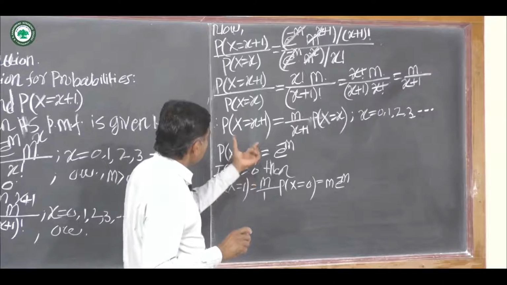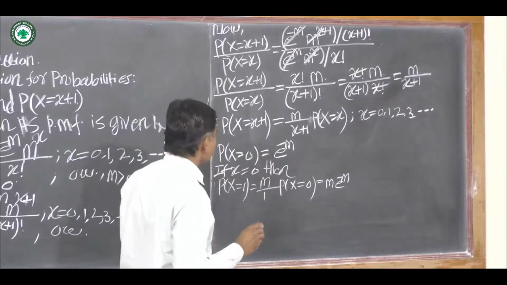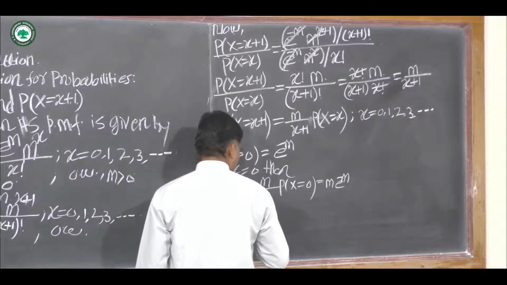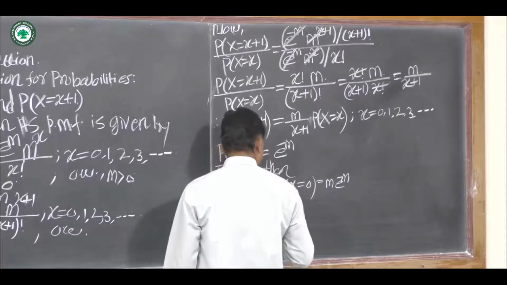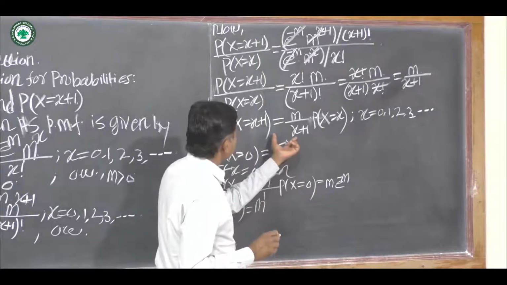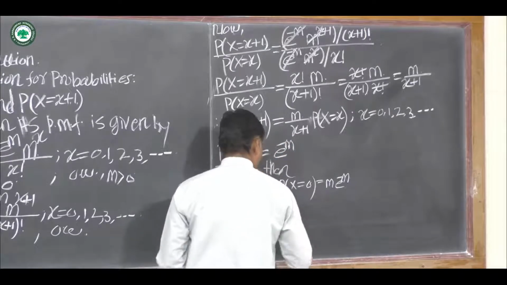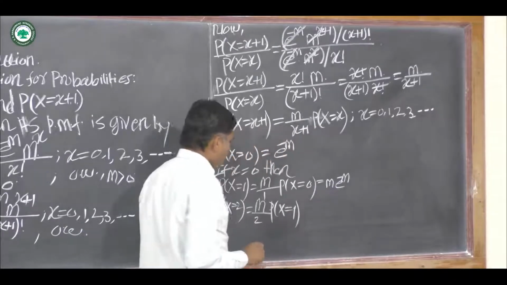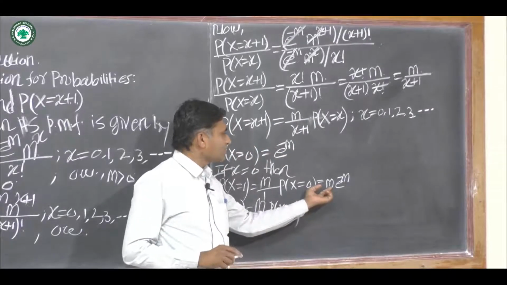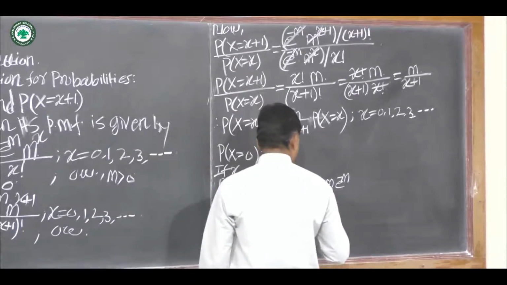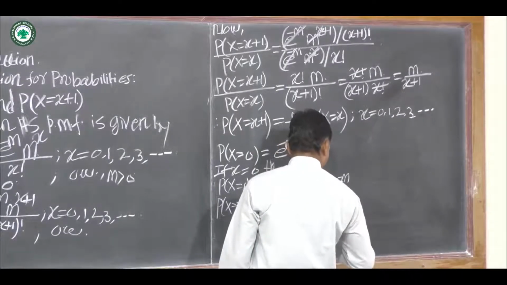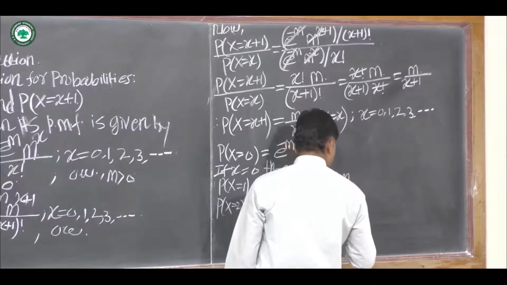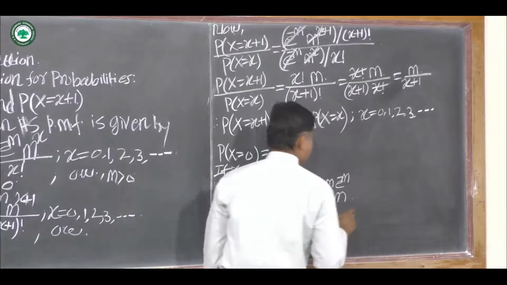Now put x equal to 1 in the above recurrence relation, then we have probability of x equal to 2, which is equal to m upon 2 into probability of x equal to 1. Now we know that probability of x equal to 1 is equal to m into e raised to minus m, so this is equal to m upon 2 into m e raised to minus m, that is m square upon 2 into e raised to minus m.